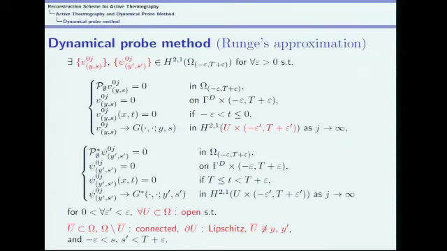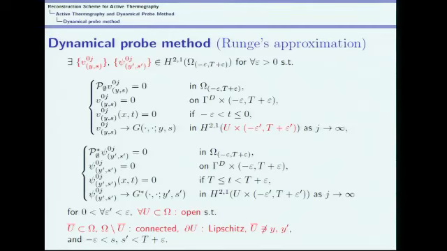So this sequence B_{y,s,0,j} approximates this G in some approximation domain U times the time interval (-epsilon prime, T plus epsilon prime). But this B satisfies the background equation in the whole domain.